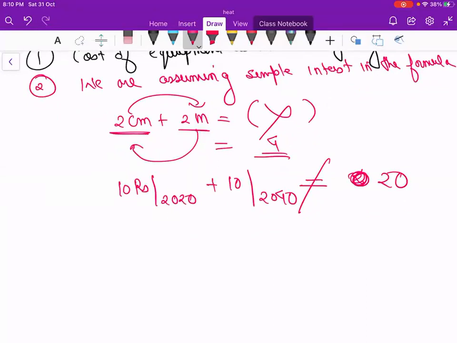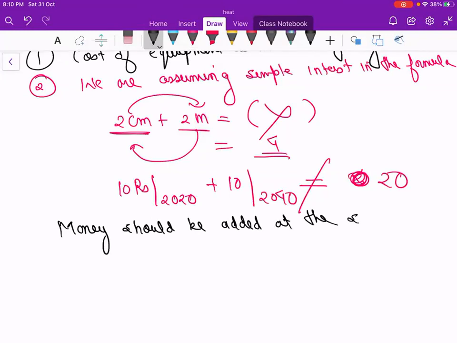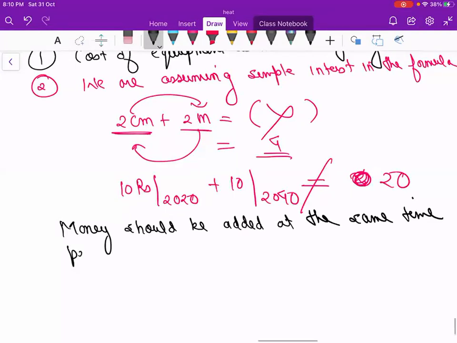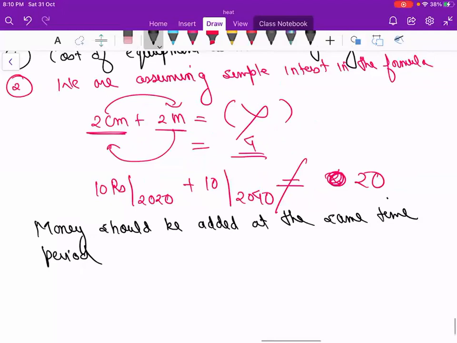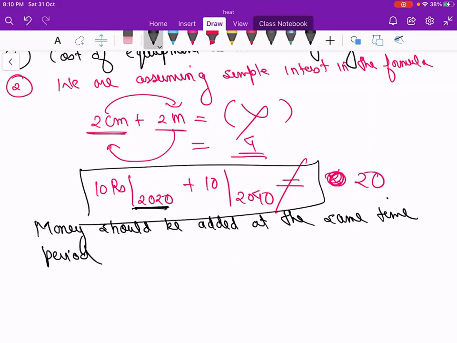You can write this formula also: money should be added at the same time period. This is very important. 10 rupees of 2020 plus 10 rupees of 2040 is not equal to 20.